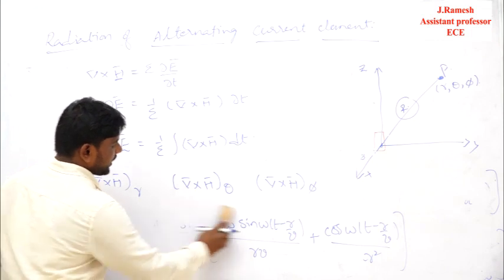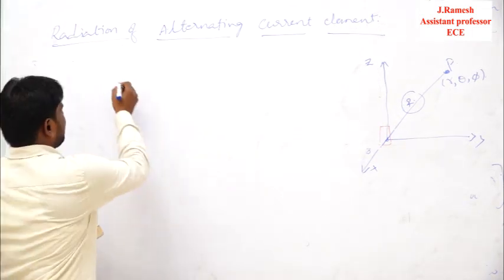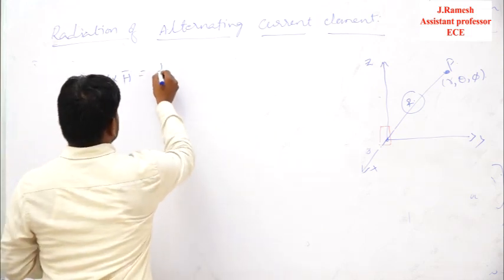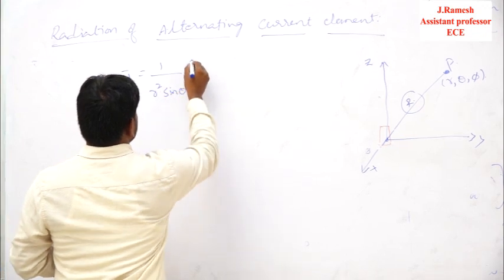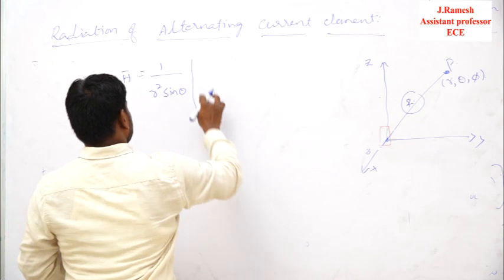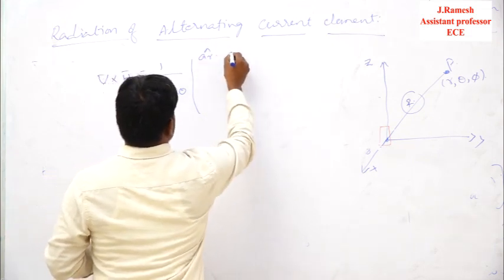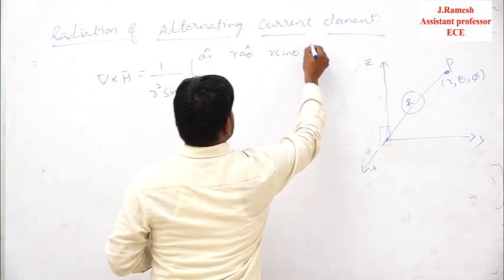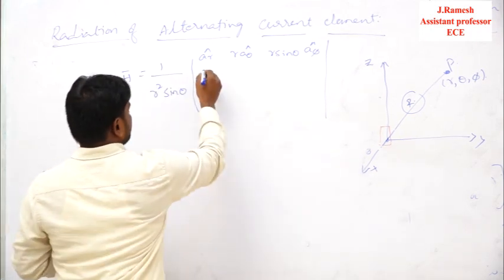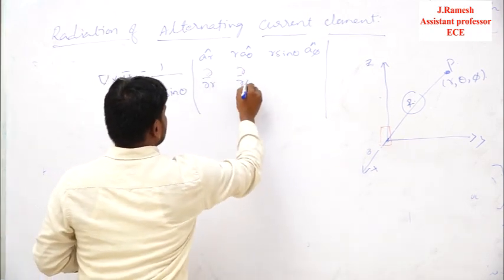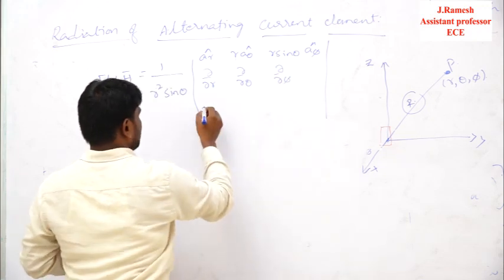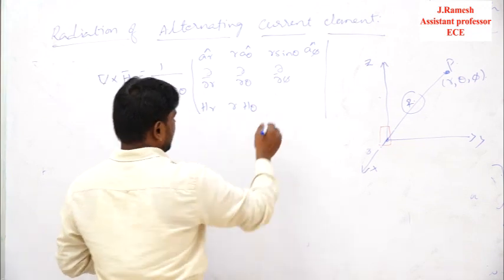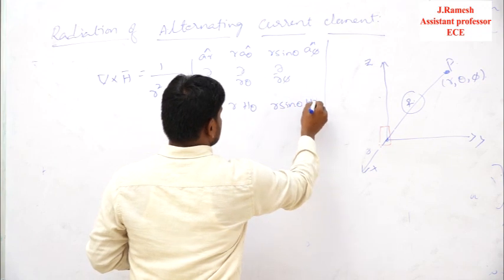So curl of H bar is equal to 1 by r square sin theta into the determinant of r into a theta, r sin theta into a phi component, with the rows dou by dou r, dou by dou theta, dou by dou phi, and then h r, r into h theta, and r sin theta into h phi.